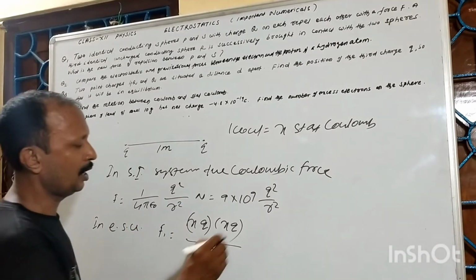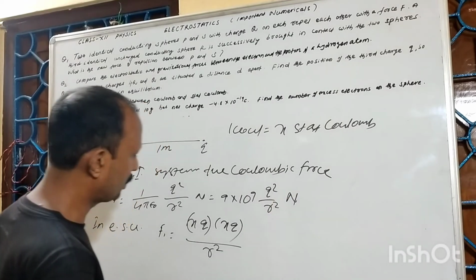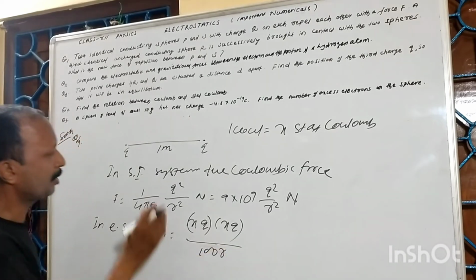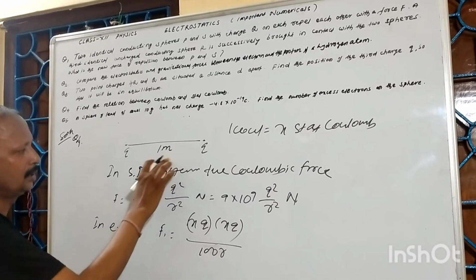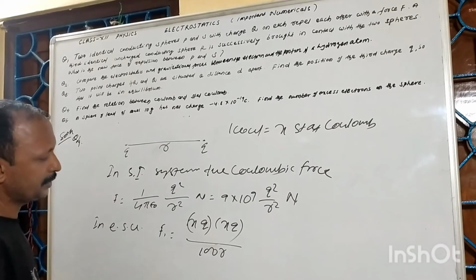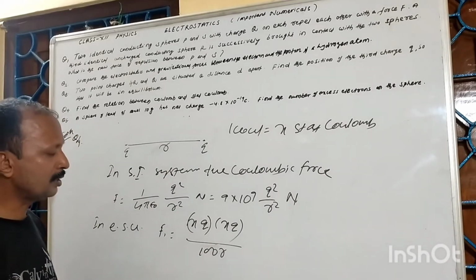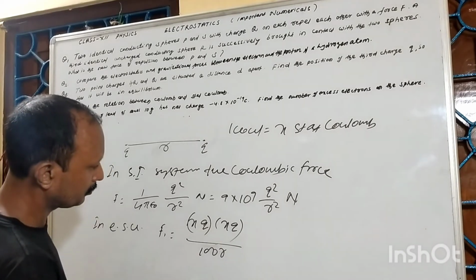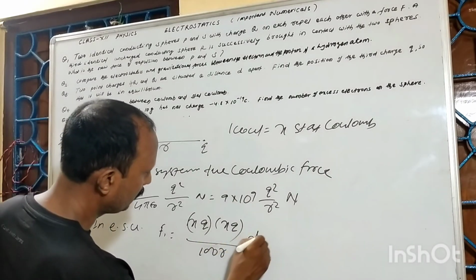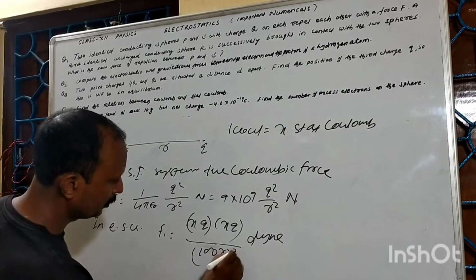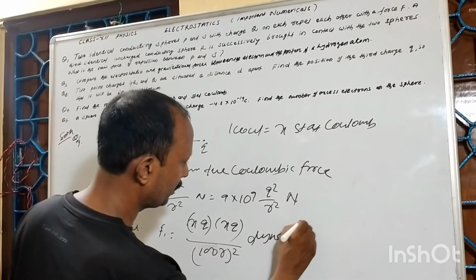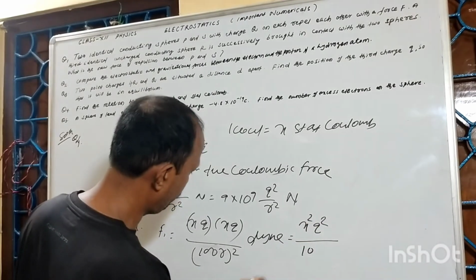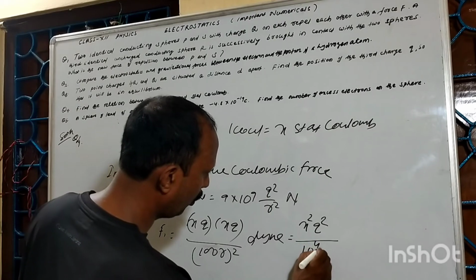But in this case, I have taken the Newton. In this case, the r will be 100 r because this is 1 meter. Suppose this is r meter, this is 100 r centimeter. So this is in dyne.